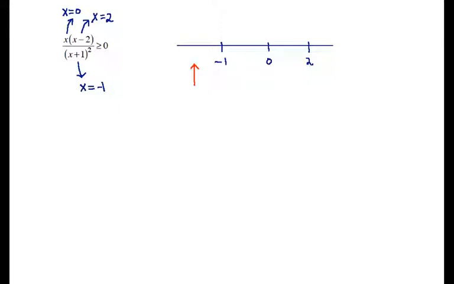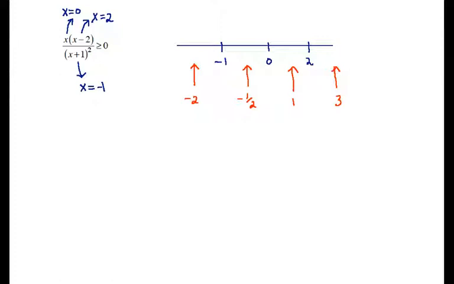Anything to the left of -1 will do here, so I'll pick -2. Anything between -1 and 0 would work, so I will choose -1/2. Anything between 0 and 2, I will choose 1, and anything to the right of 2, I'll choose +3.